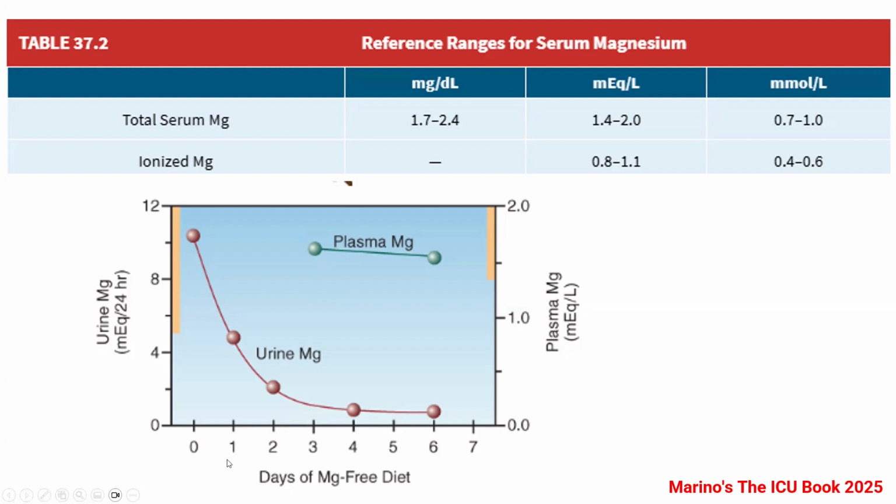So when there is a magnesium-free diet, urinary magnesium excretion comes down to zero to maintain the plasma magnesium level. So the urine plays a significant role, similar to potassium, in the plasma magnesium level.